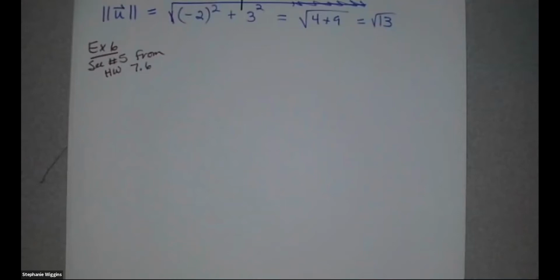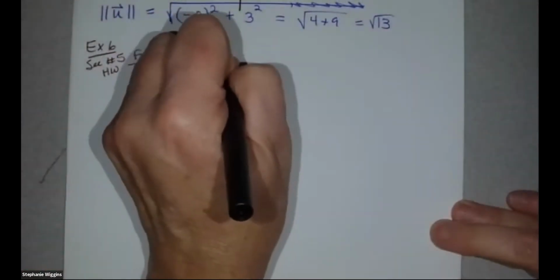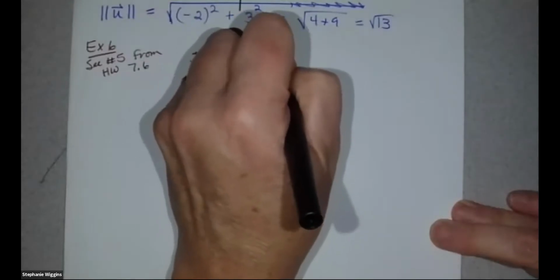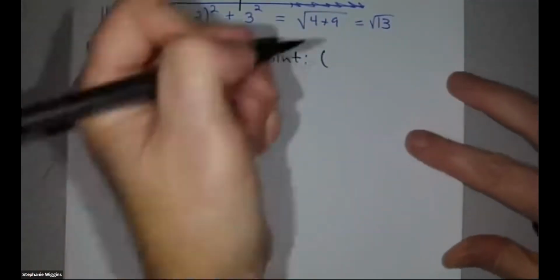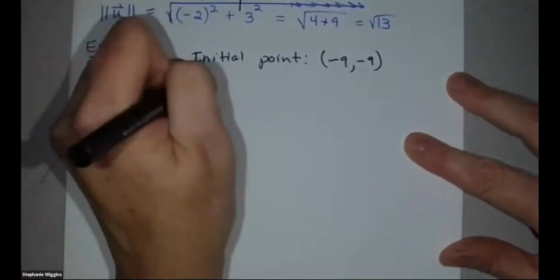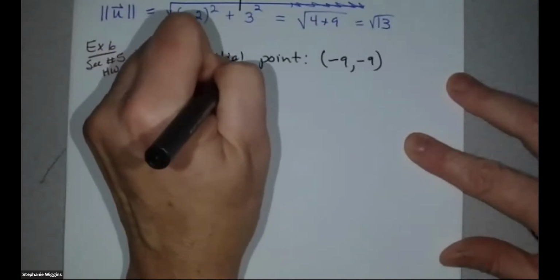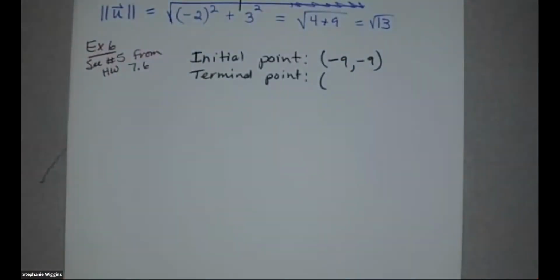Write V in terms of i and j. So we're given 2 points, and the initial point is given to us as -9, -9. And the terminal point is given to us as 4, 5.